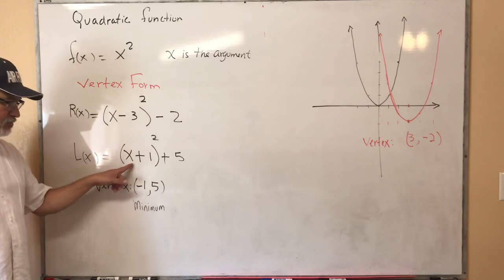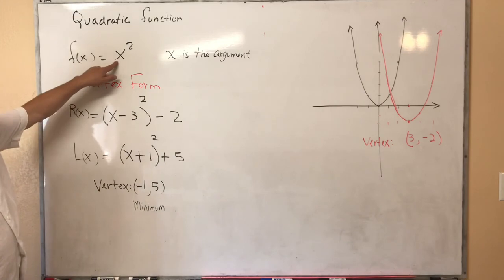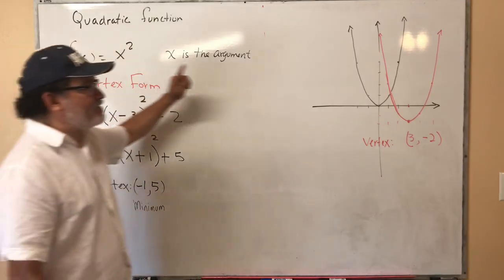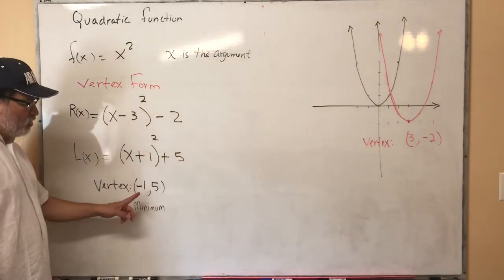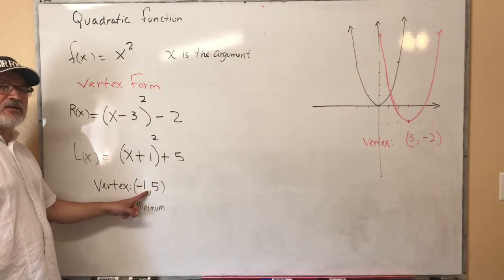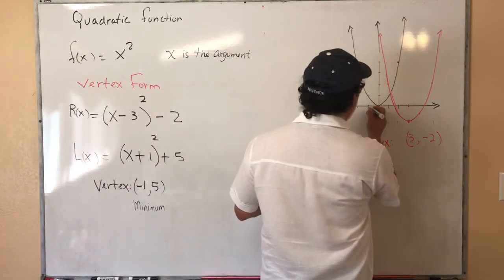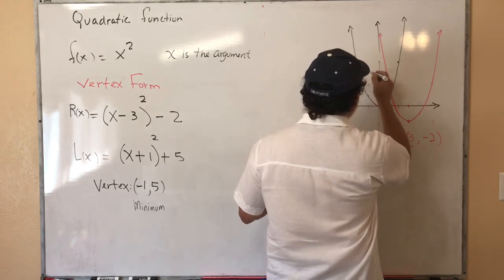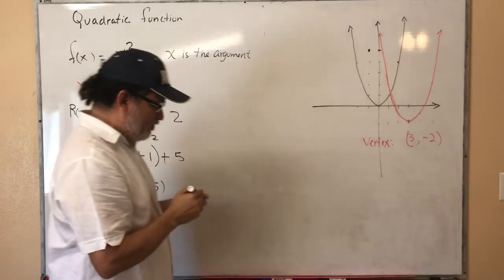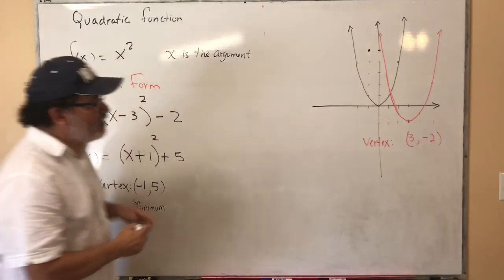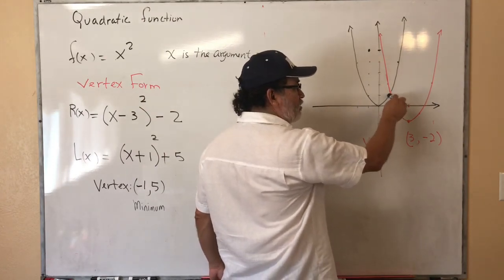Can you graph this? I'll let you graph this one. It's the basic parabola. It behaves exactly like this one, except it has a new vertex. Go to this vertex, -1, 5: -1, and then 1, 2, 3, 4, and 5, and that's the new vertex. And what's the behavior of this? From the vertex, one to the right and one up, you land on the graph.